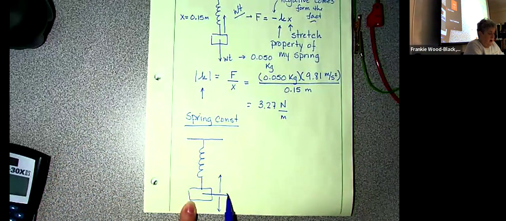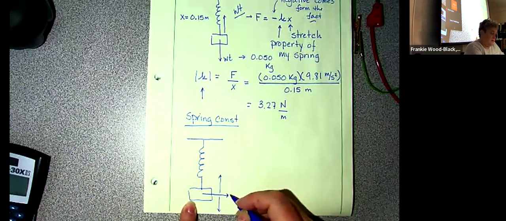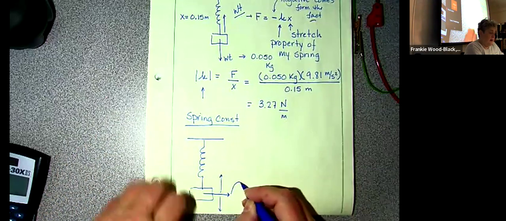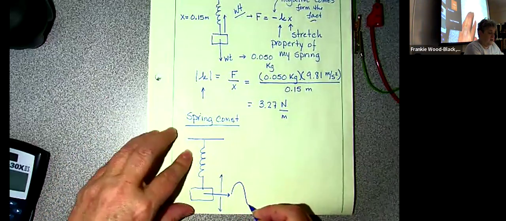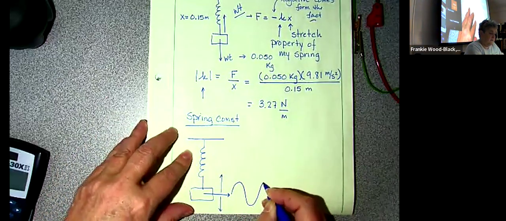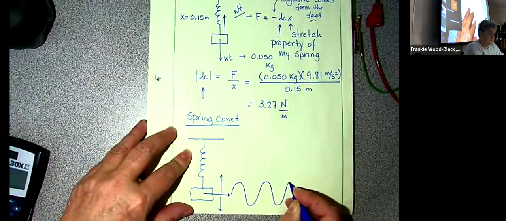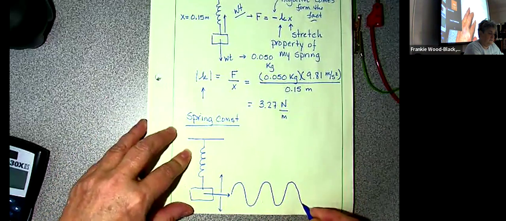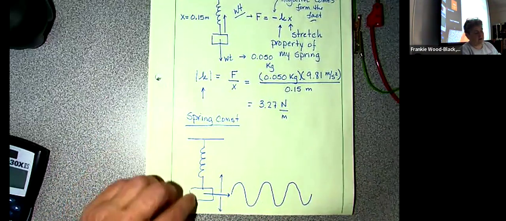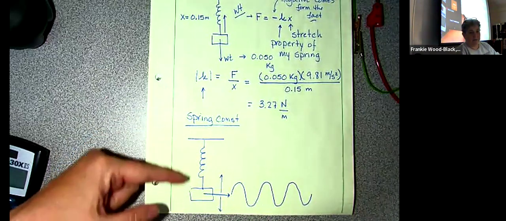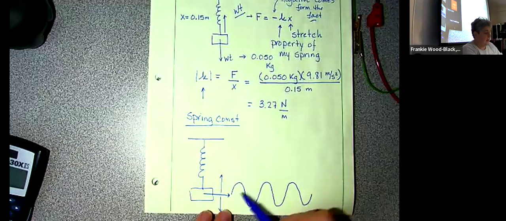If I were to put a marker, so I've got a piece of paper, my spring will actually bob up and down and my marker is going to do this. Right? So as my spring bobs up and down, and I'm taking a piece of paper, I'm going to get something that bobs up and down like this.